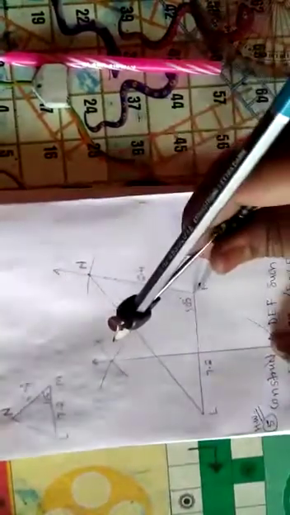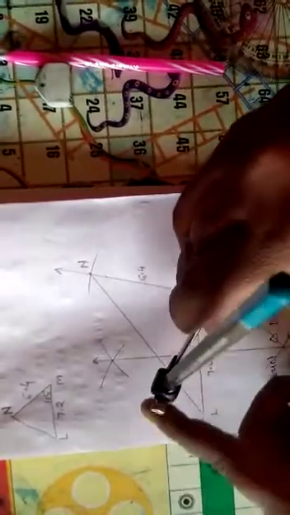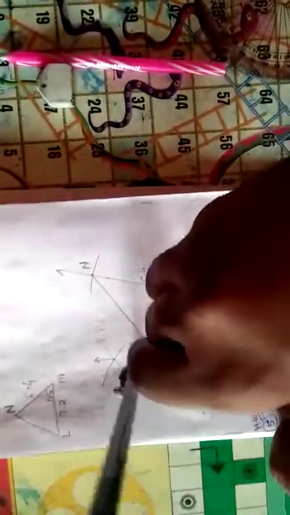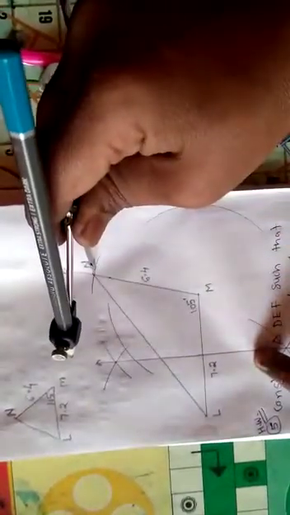After that we bisect MN. How do we bisect? Take the divider at an approximate side length and take arcs on both sides from point M and from point N. Join this.